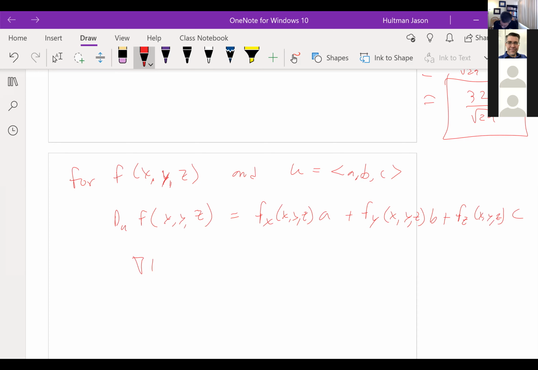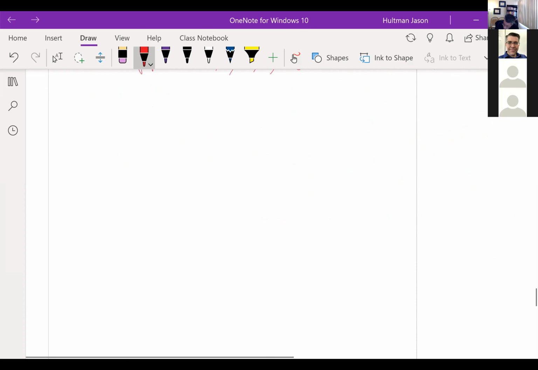And we would say that del f would be f sub x, f sub y, f sub z. Or we could say f sub x i plus f sub y j plus f sub z k. Let's see if we want to generalize that to more variables.